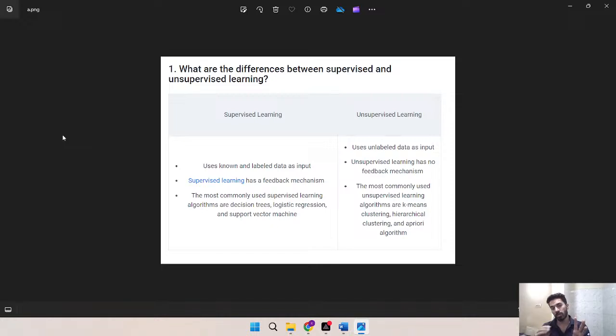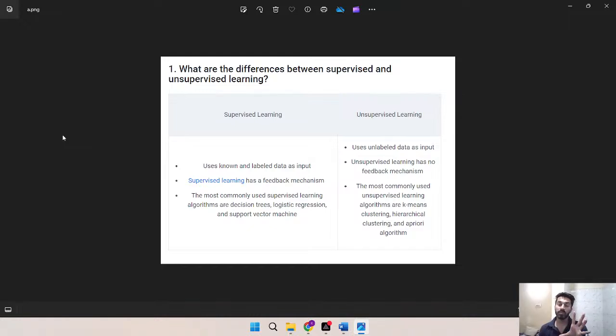In unsupervised learning you use clustering algorithms, for example k-means clustering, DBSCAN, hierarchical clustering, and the Apriori algorithm. These are some of the algorithms that you use.